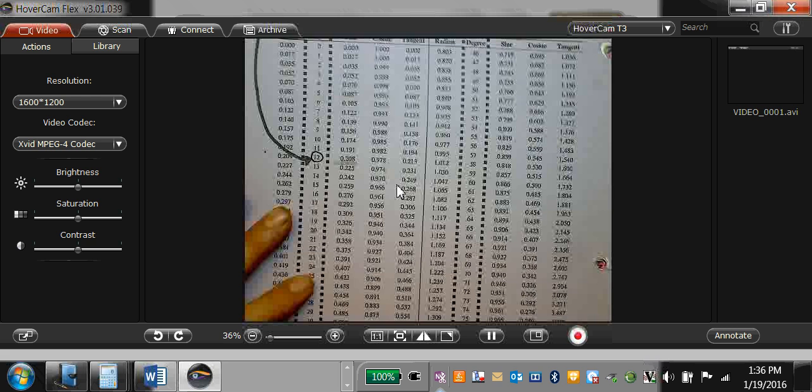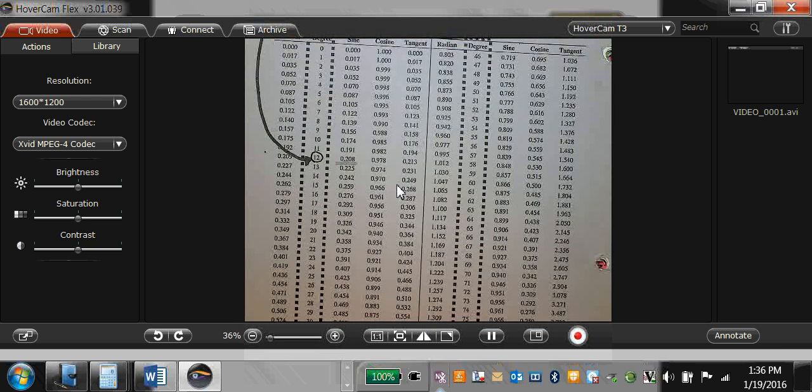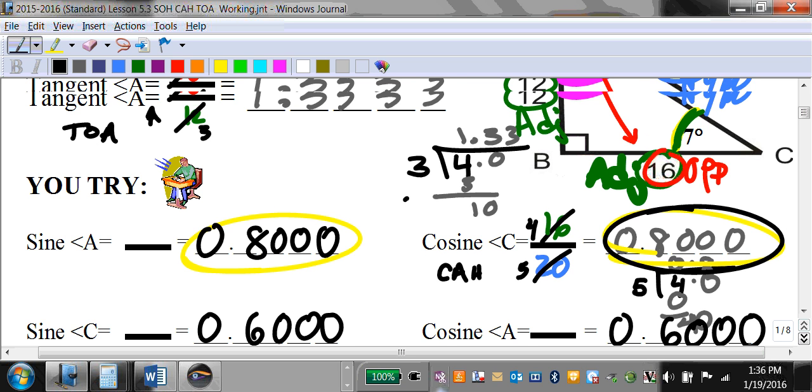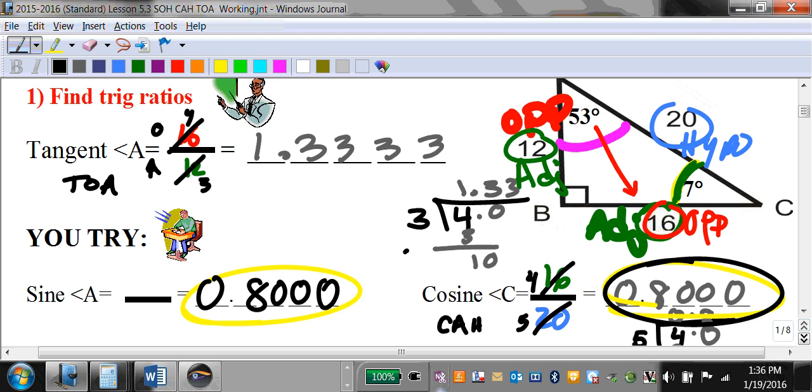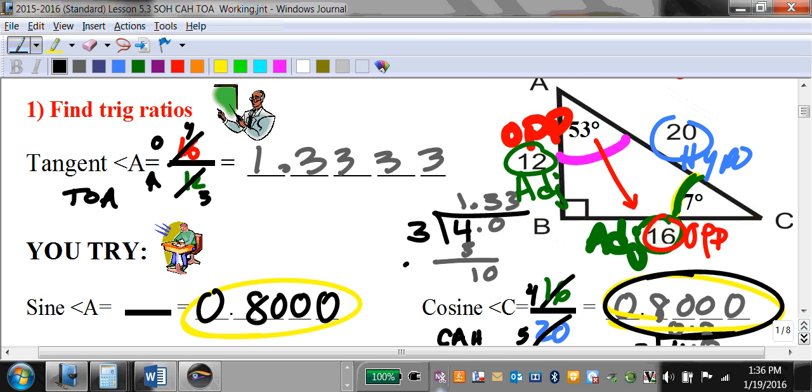If you take a look at the original diagram, the cosine of C, that's 37 degrees, and the cosine of C is 0.8000.